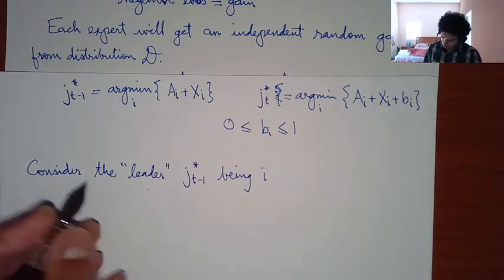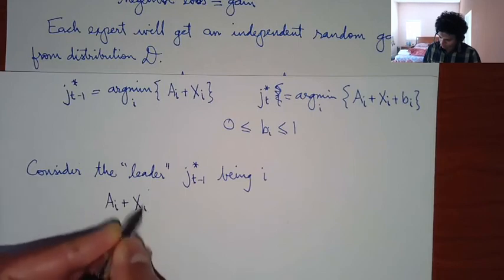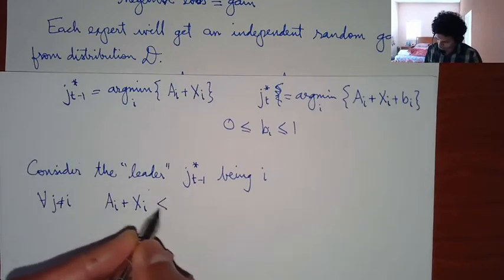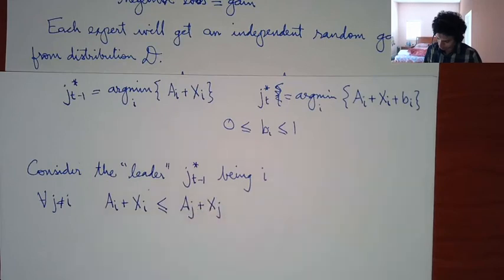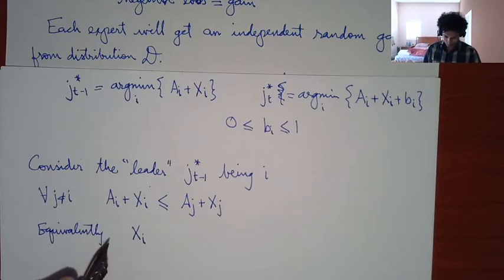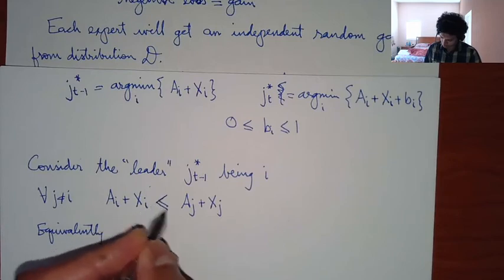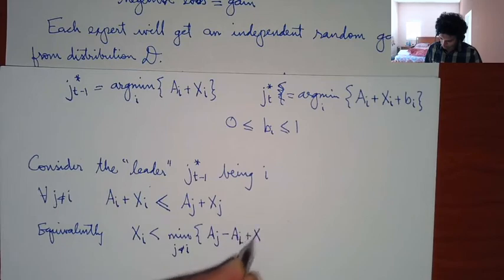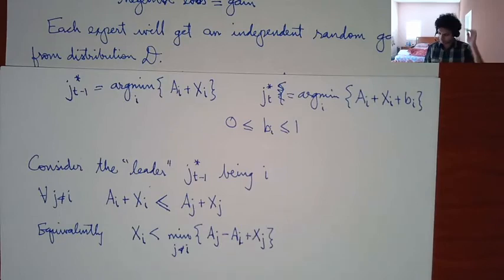Then what we have here is that for all j not equal to i, A_i plus x_i is at most A_j plus x_j. Or equivalently, x_i is, let's say maybe even strictly less than, the min over all j not equal to i of A_j minus A_i plus x_j.